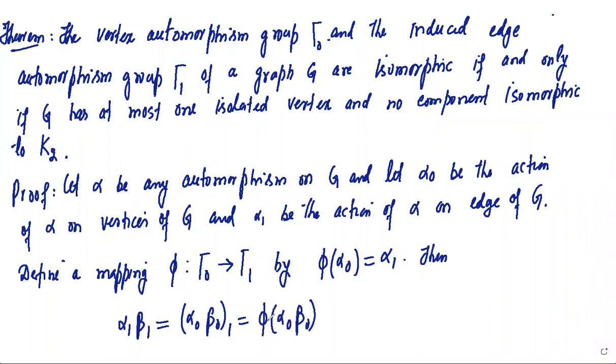Because pi acts on a vertex automorphism in this way, the left-hand side is pi of alpha 0 and pi of beta 0. So in this way, we can clearly see that pi is a homomorphism.